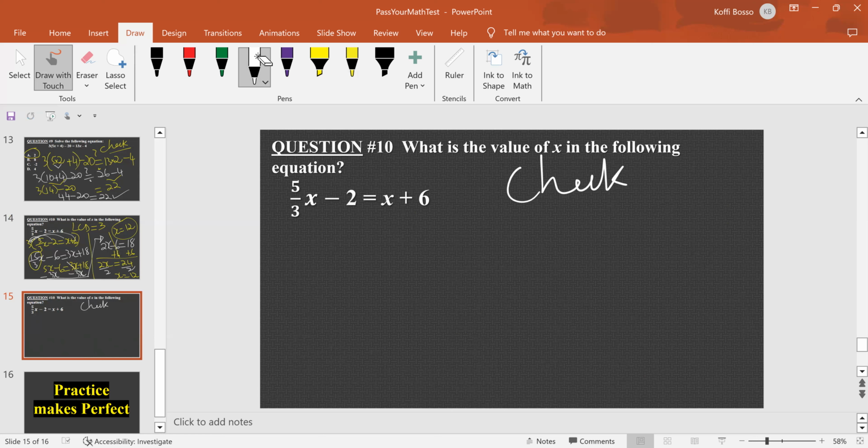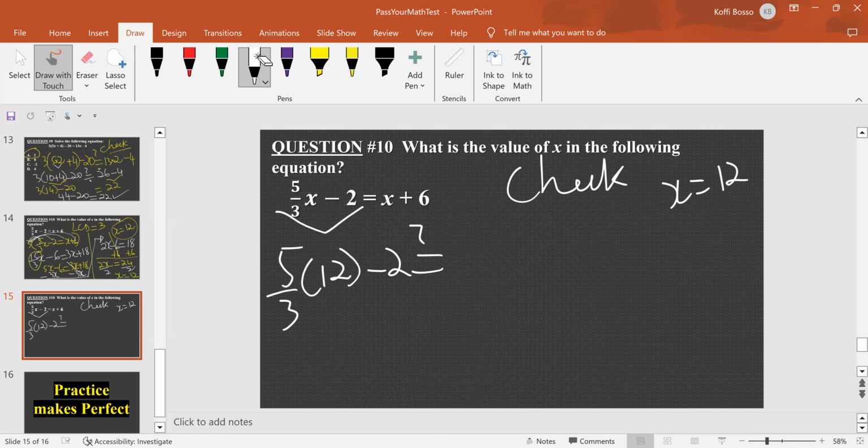On the left-hand side, we replace x by 12, so we have 5/3 multiplied by 12 minus 2. We want to see if this is the same as 12 plus 6. First of all, 12 plus 6 gives you 18.